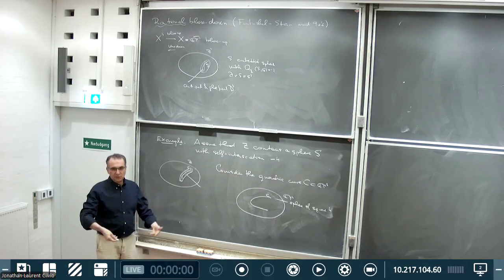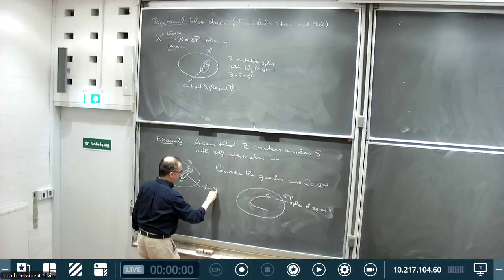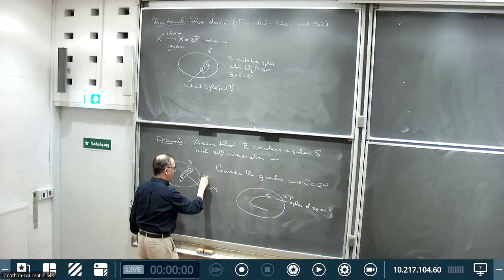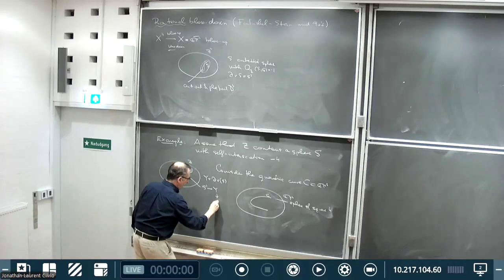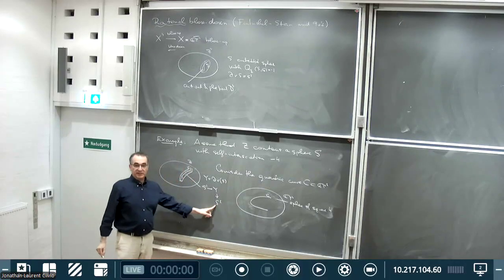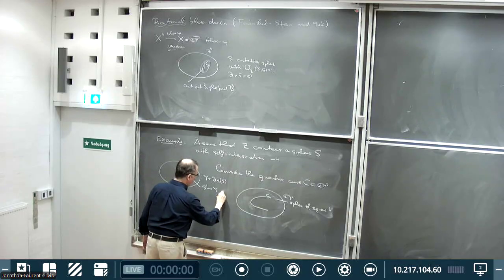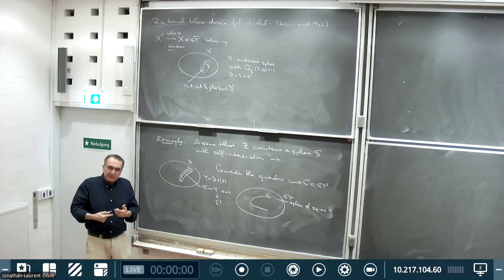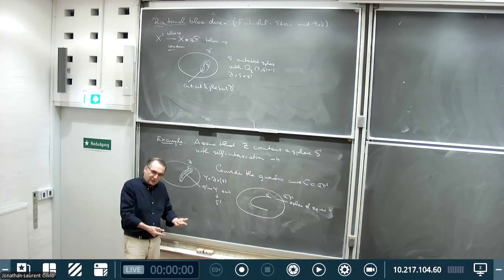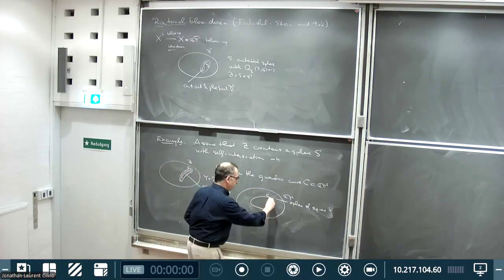We have to go through it a little bit. It's an S1 bundle over S2, so this Y is the boundary. Y is the boundary of the neighborhood of S. And this is an S1 fibration over S2 with Euler number -4. So what we need is an S1 fibration over the sphere with Euler number +4. Luckily, this is exactly what we have here.